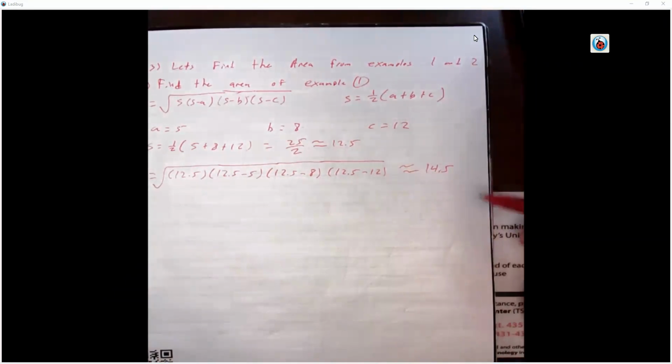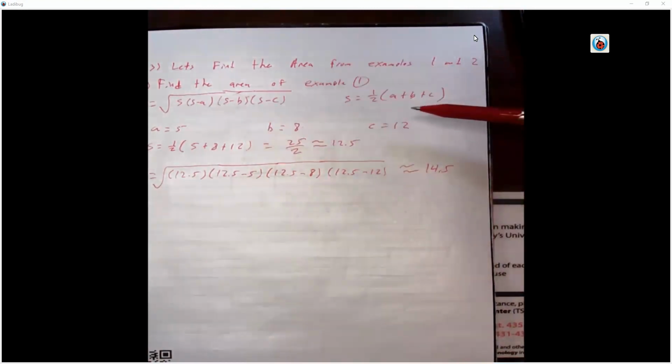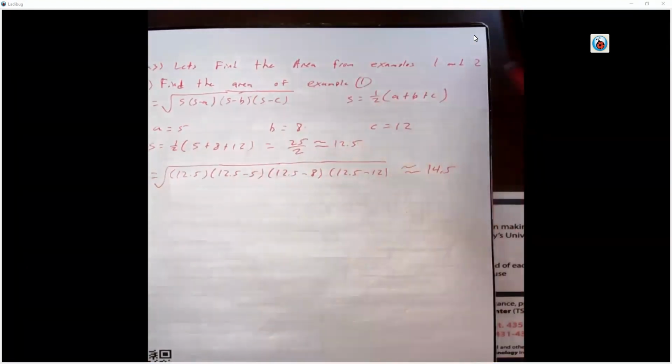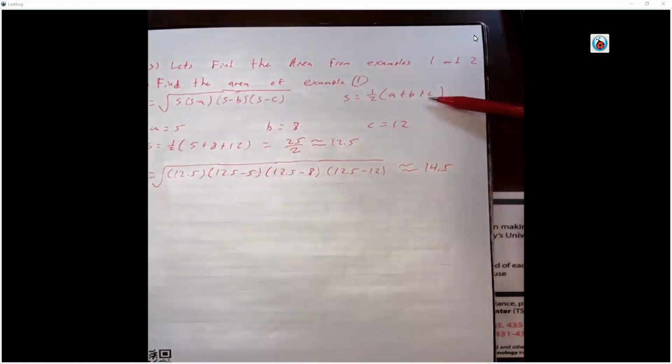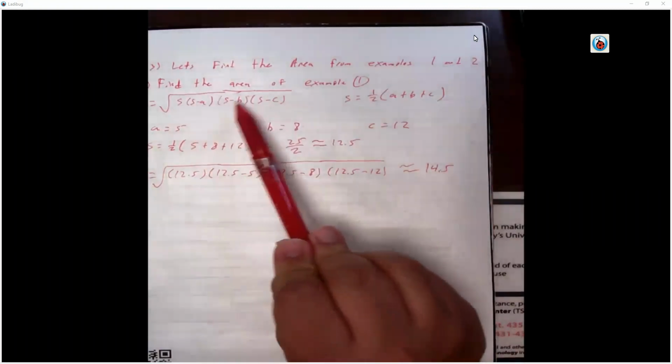That's the area of the triangle in example 1. Any questions on what we did? All you need is the 3 sides. That's all you need. Which one's the formula, both the S and the A? The formula is for A, but in order to do A, you need to solve for S, which is the standard formula from the book. S is defined to be the sum of all the sides divided by 2, and that goes in here.